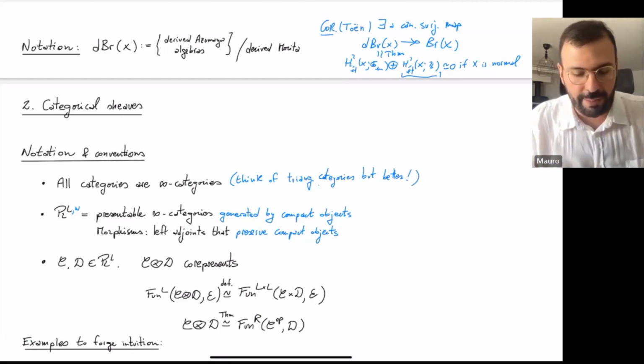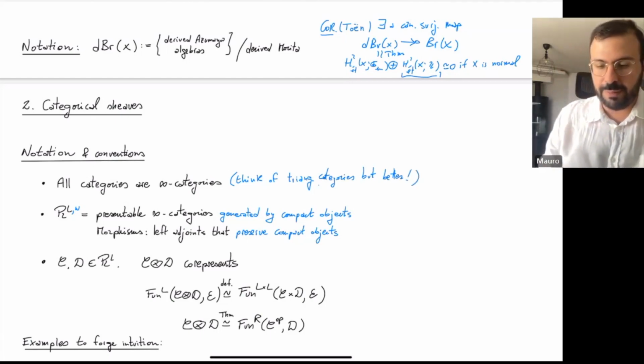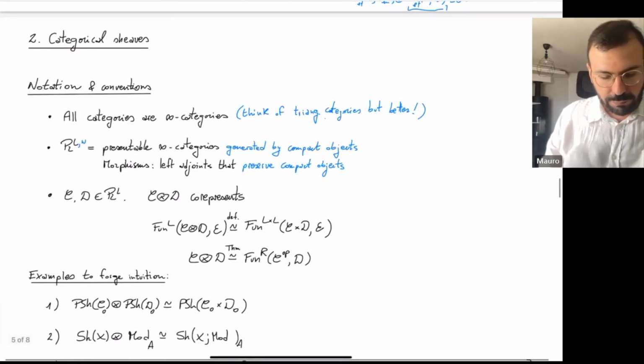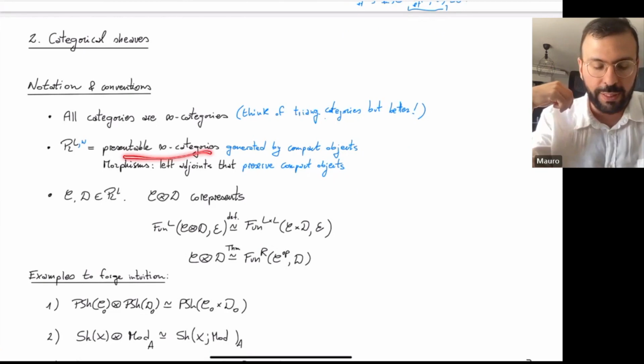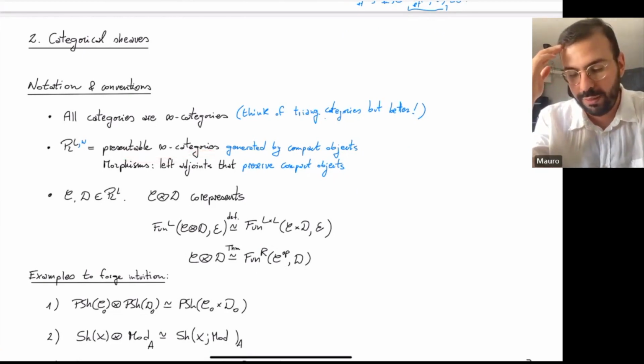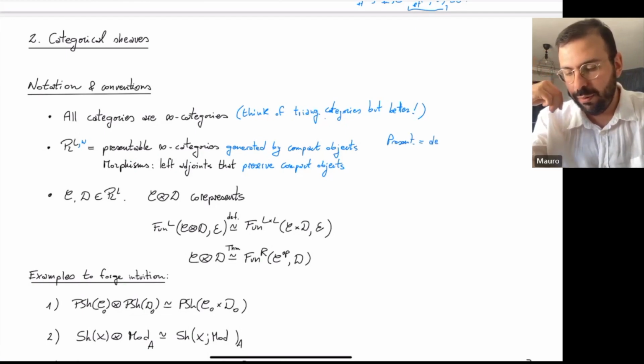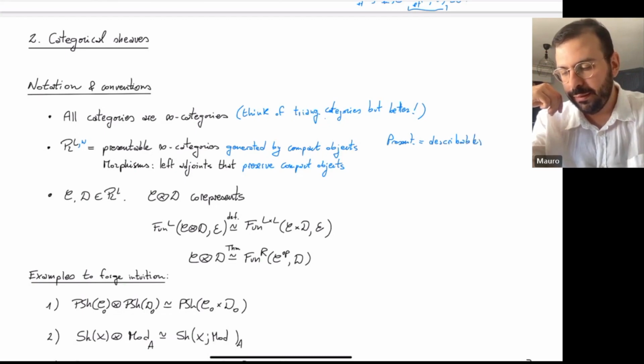Okay, and I need to set up some terminology. So I will be using Pr^L_omega. These are presentable infinity categories. If you don't know what they are, just think of presentable as meaning describable via generators and relations.